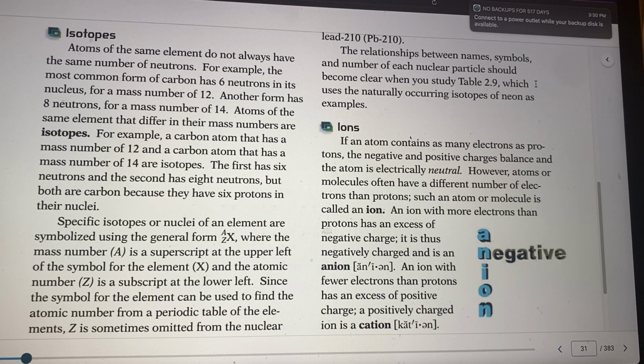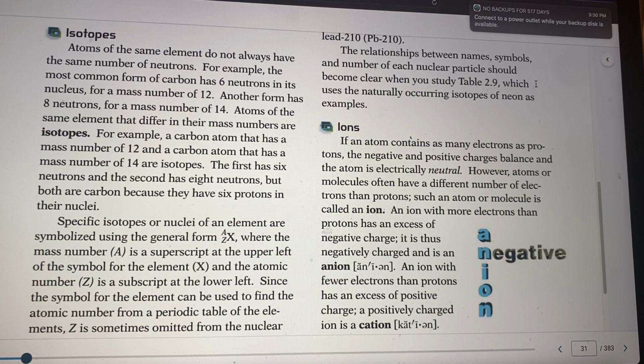Lead may have 206 or it may have 208 or a different number. So lead could be 206 or lead 210. That means it can have four more neutrons, but it's still the same number of protons. So you get it?